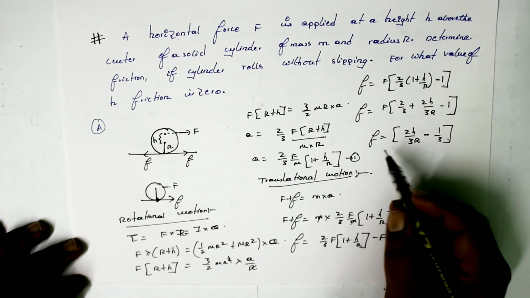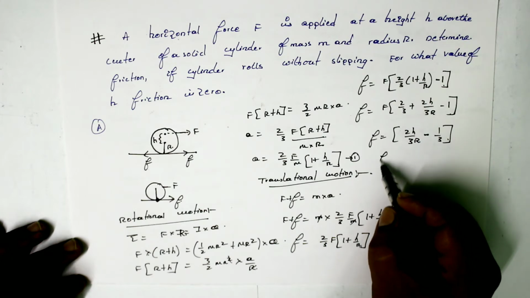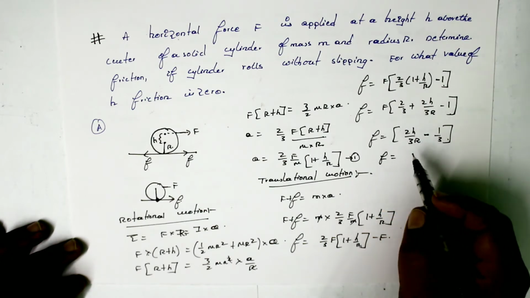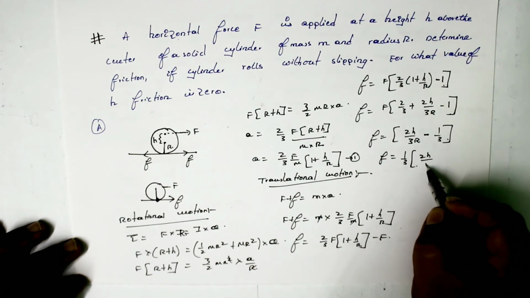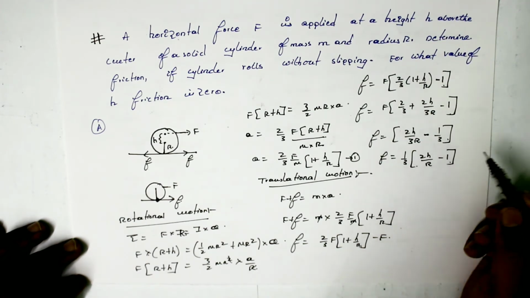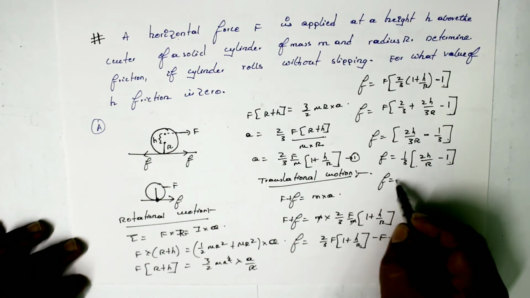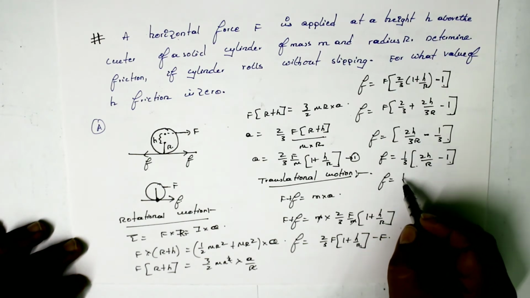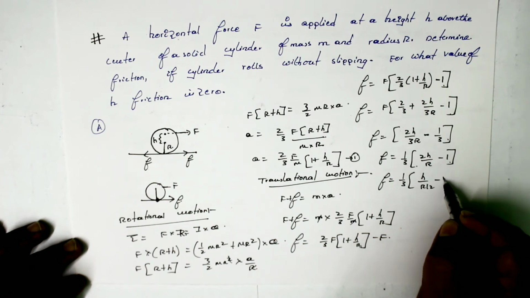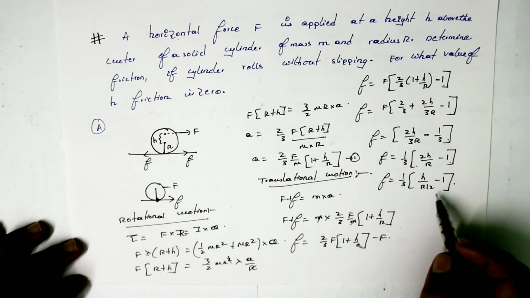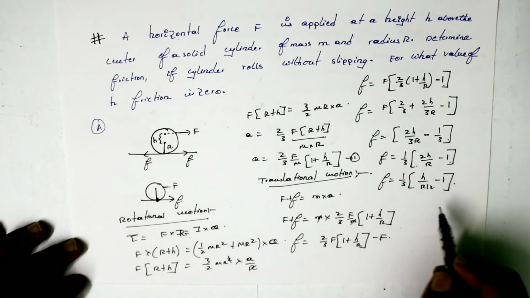If I take 1 by 3 common, then f is equal to F by 3 of 2H by R minus 1. The same relation I can write like this also: f is equal to F by 3 into H by (R by 2) minus 1. Now what is the purpose of writing this equation like this?